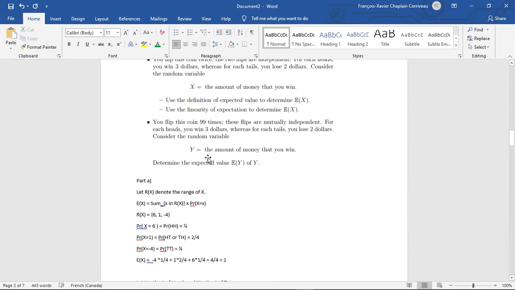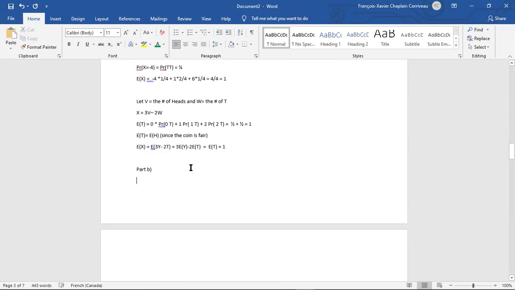So now, the amount of money that I win is equal to the amount of money that I won or lost on each toss. The trick is to define something like indicator variables.